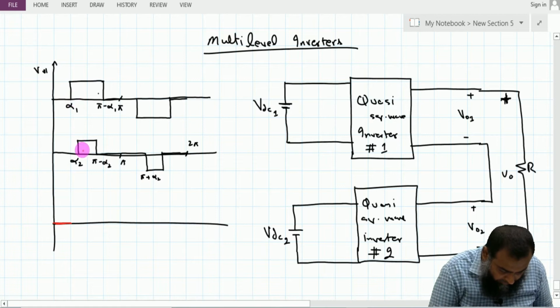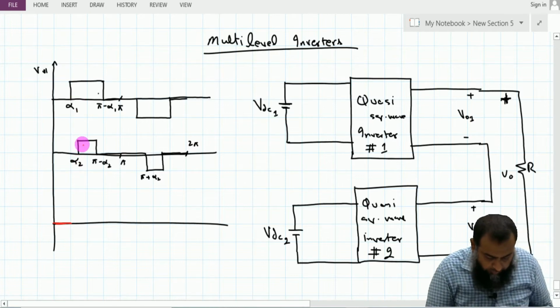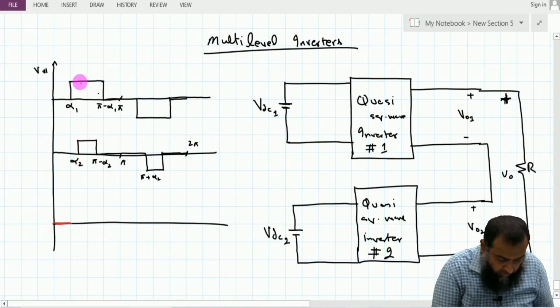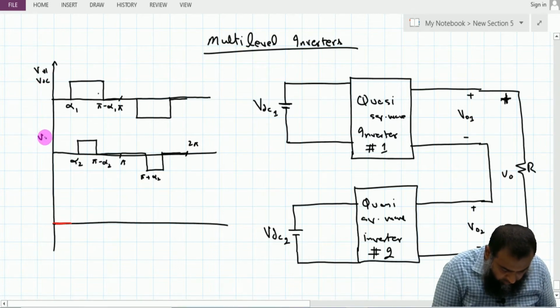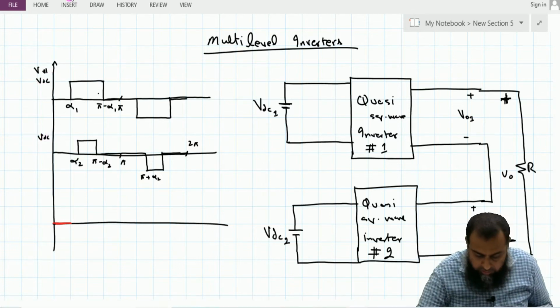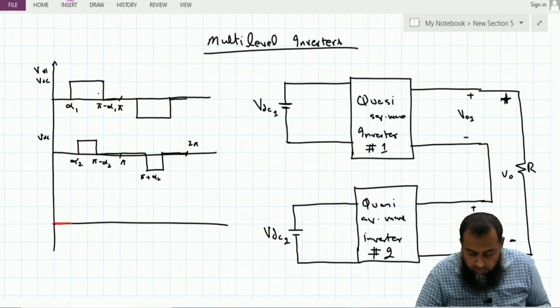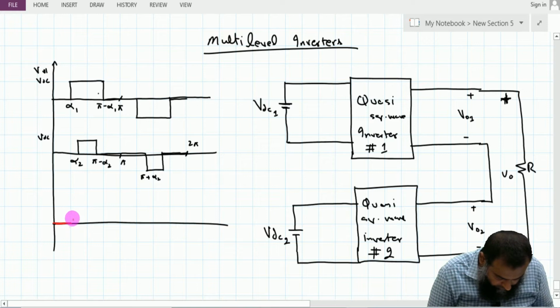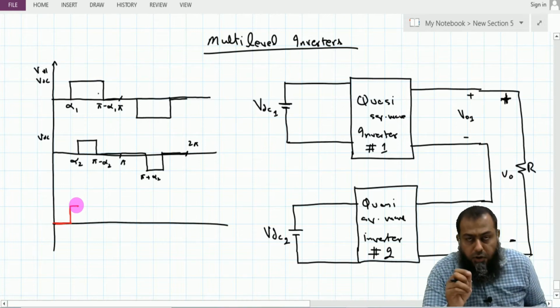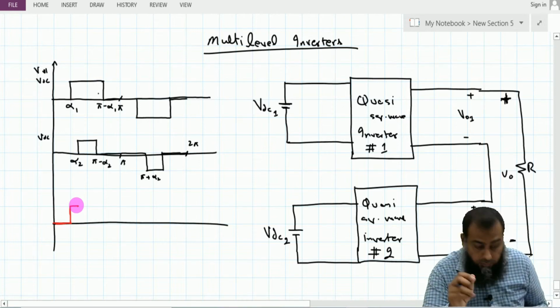From alpha 1 to alpha 2, V01 has an output voltage equal to VDC. So the output voltage is VDC plus 0, and therefore the output voltage is VDC here, from alpha 1 to alpha 2.